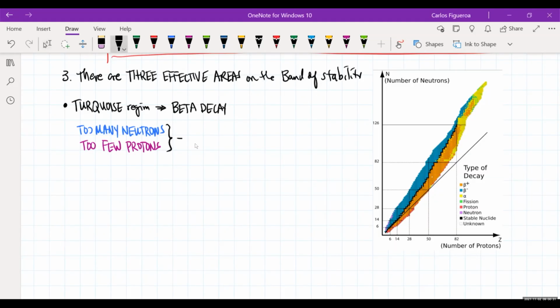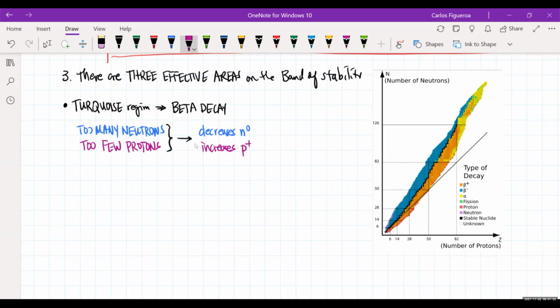To reach stability quickly, it increases, I'm sorry, I do not want to say that. It decreases neutrons and it increases protons.